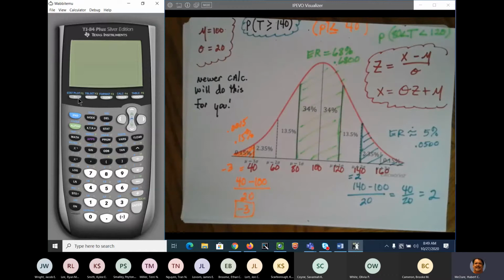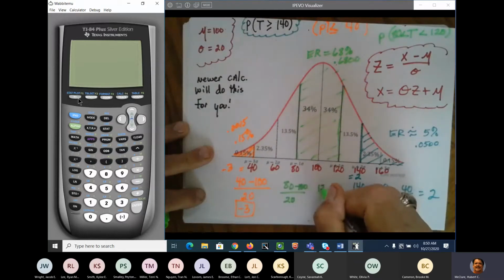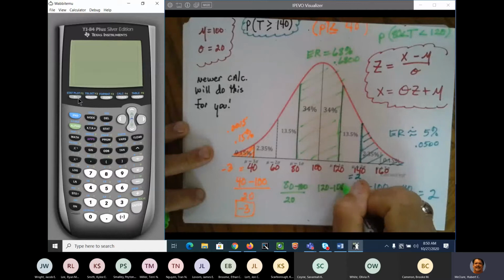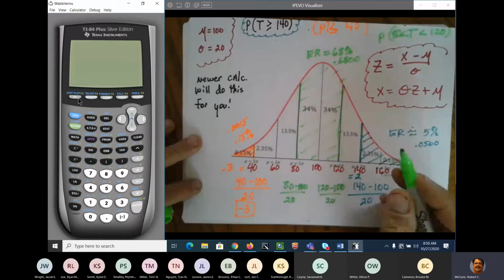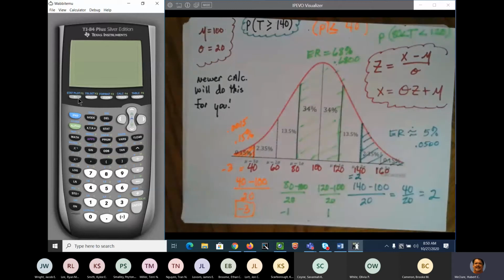And then the green, 80 minus 100 over 20, and 120 minus 100 over 20. And they both come out to be 1 and negative 1. And there's your z-scores there.